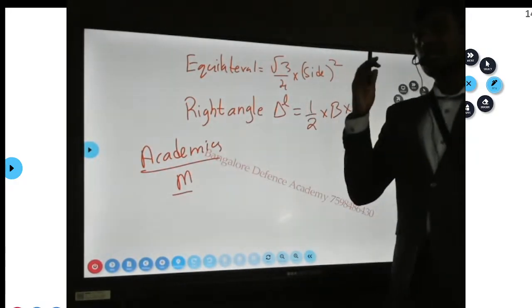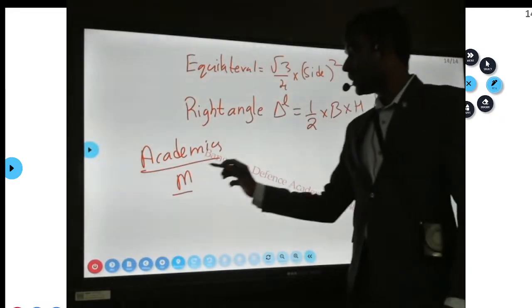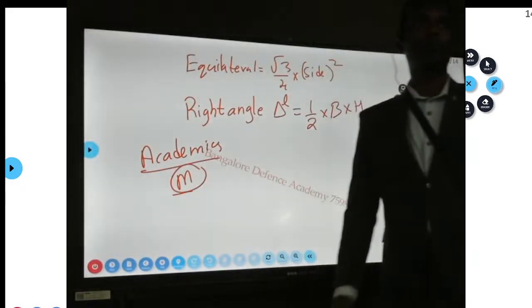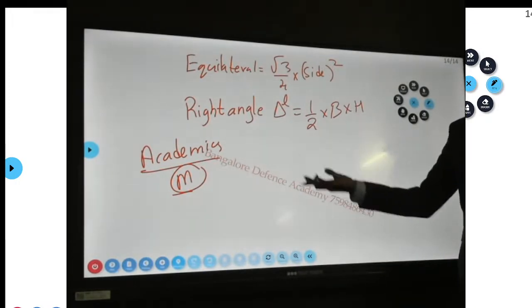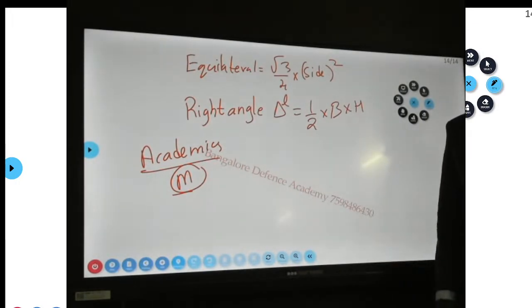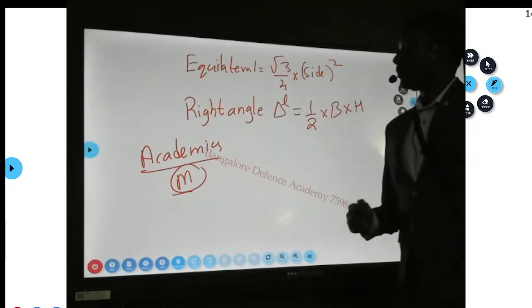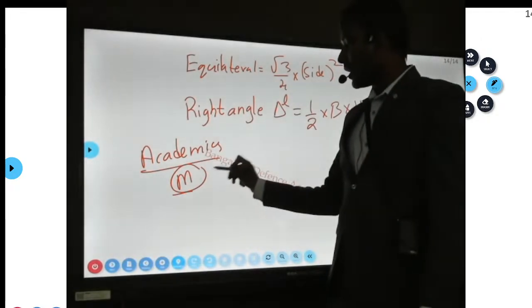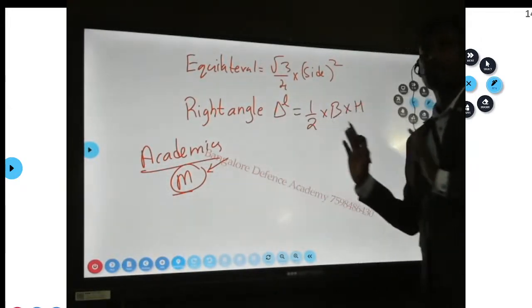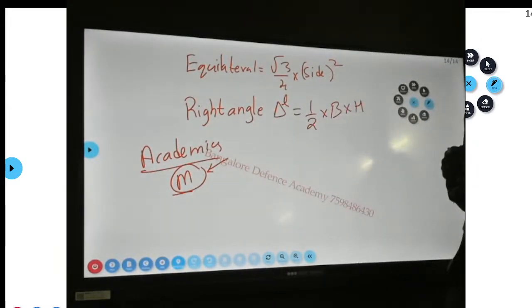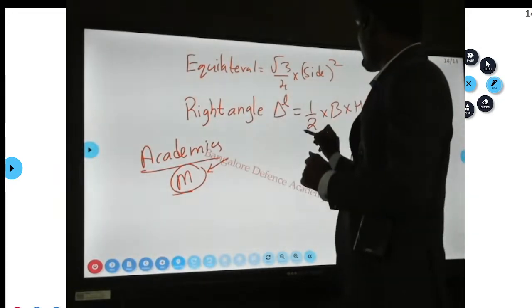Suppose if I want to describe a good leader, the good leader will be very good in mathematics. Abdul Kalam was a good leader. Why? Because he was an aeronautical engineer. He was good in mathematics. समझ में आया? So whether you like it or not, try to take interest in mathematics. Start from the scratch. Zero से start करो, mathematics अच्छा लगेगा. Got the point? Fine. So half into base into height.